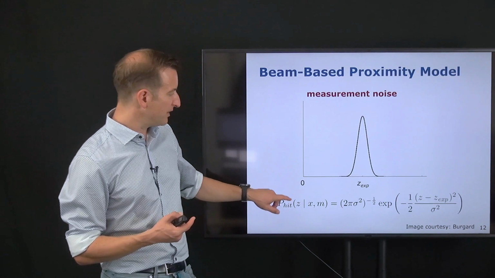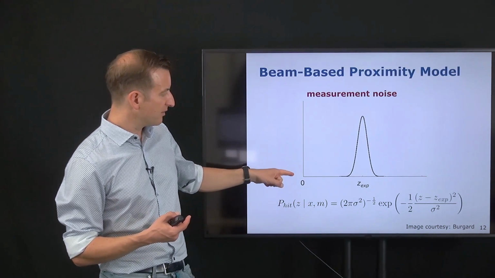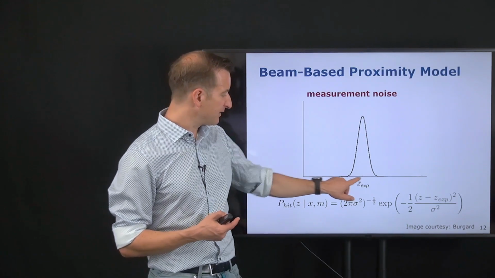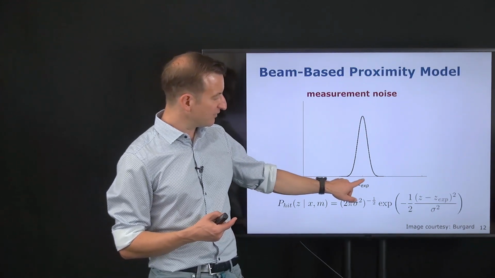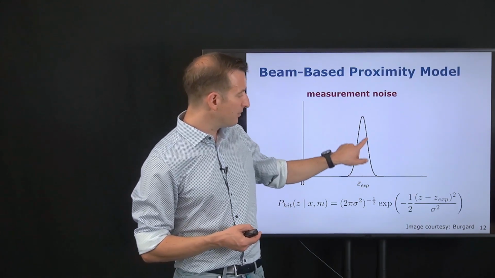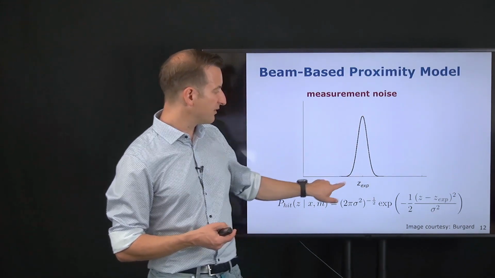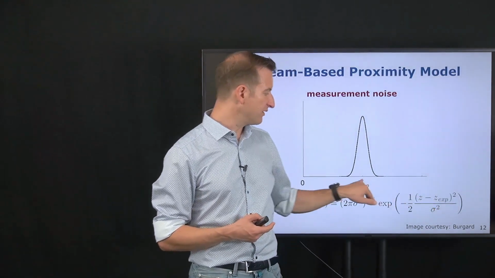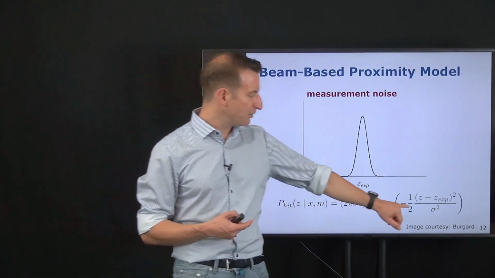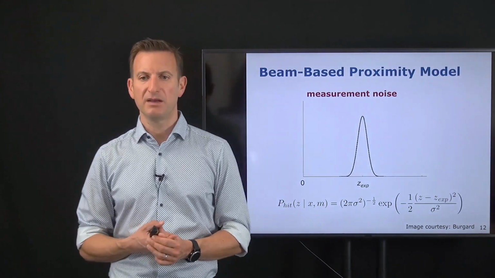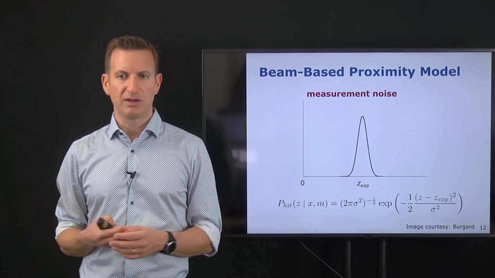So this is the probability of obtaining a certain measurement, so getting a certain hit. This is the expected obstacle. Here is your sensor. So this is the distance to the wall, for example, in your map. And then the probability of getting a certain measurement can be described by this Gaussian distribution. The mean of this Gaussian distribution is this expected measurement. You have the uncertainty of your sensor in here, and this is your Gaussian model.